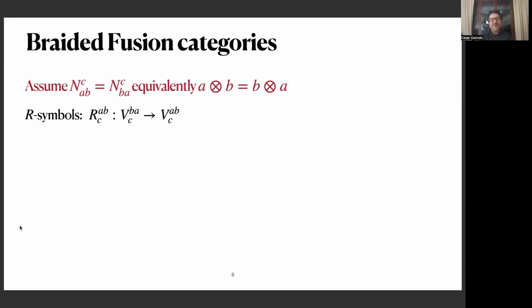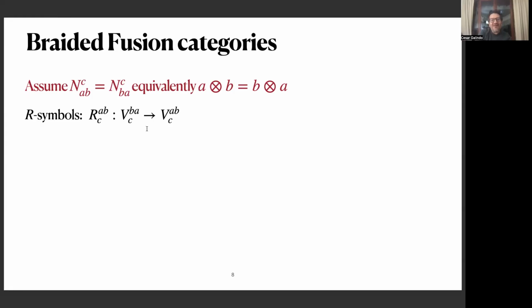So first I need to say what a braiding is, at least in these general terms of fusion rules and F matrices or 6j symbols. One condition that we need in order to have a braiding is that the fusion rule should be commutative. In particular, this translates to these two numbers being equal, which in the category corresponds to having an isomorphism between these two objects.